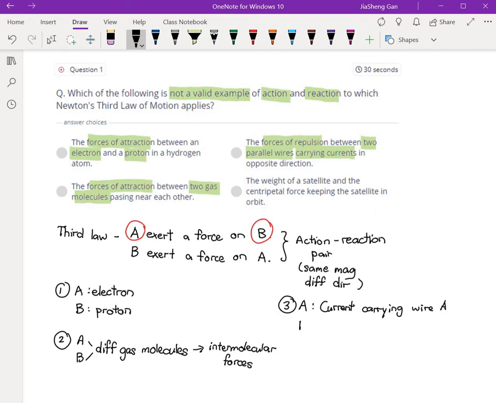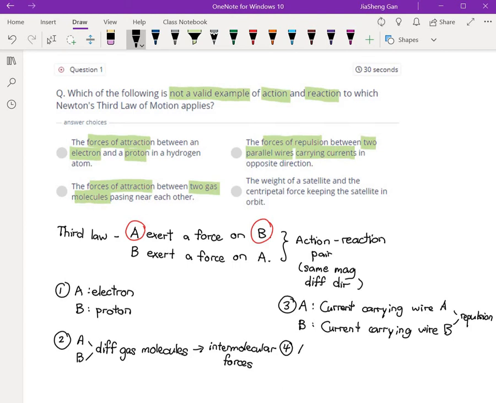For B it will be current carrying wire B, and these two wires are parallel to each other. They exert a force of repulsion. We will learn that this repulsion is due to magnetic force, but it's next semester, chapter 5 on magnetism.